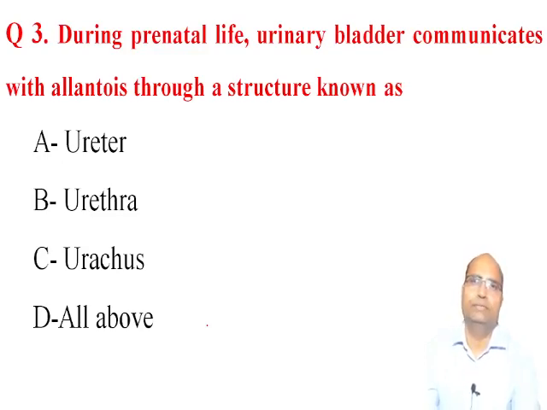Question number 3. During prenatal life, the urinary bladder communicates with the allantois through a structure known as A. Ureter, B. Urethra, C. Urachus, D. All above.